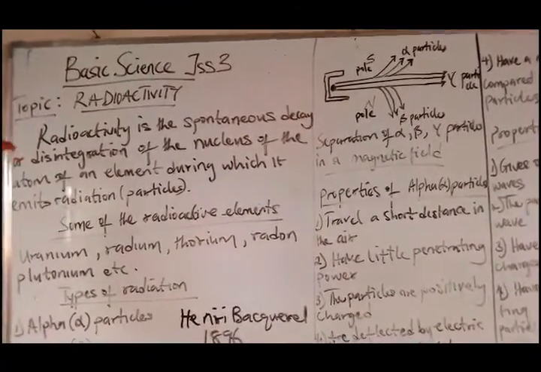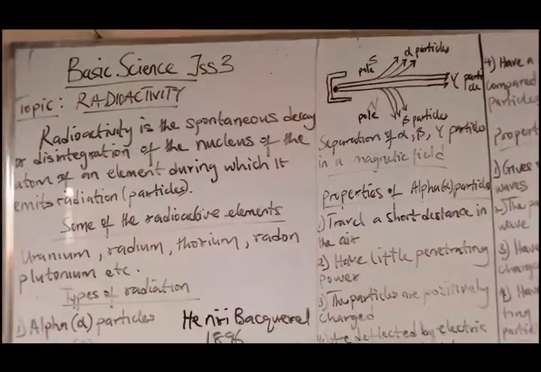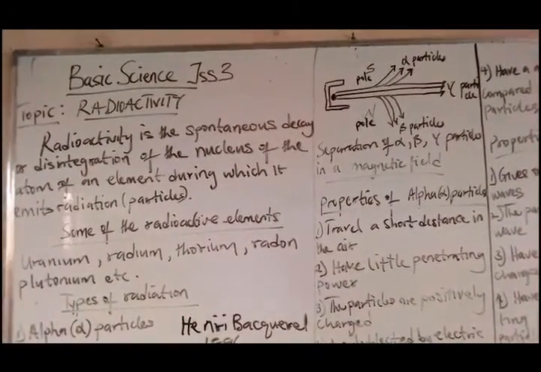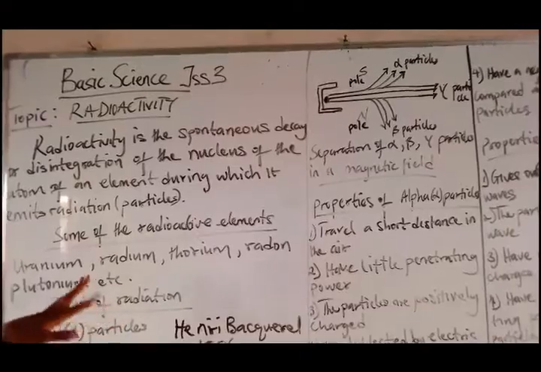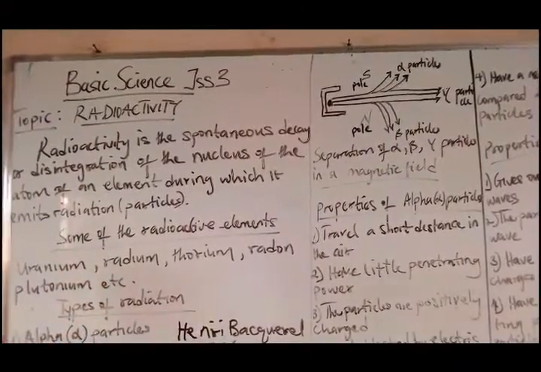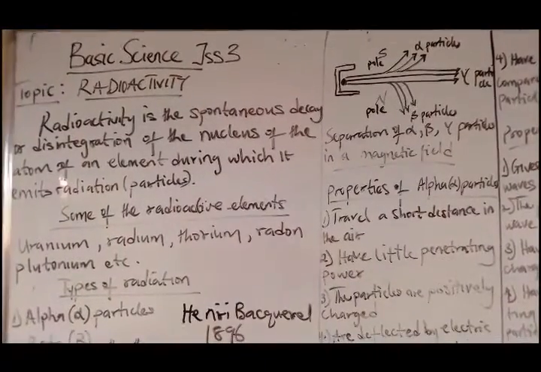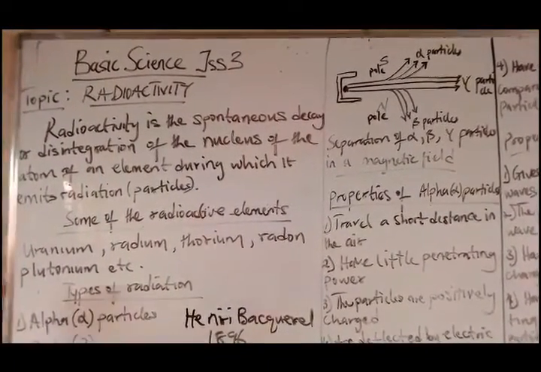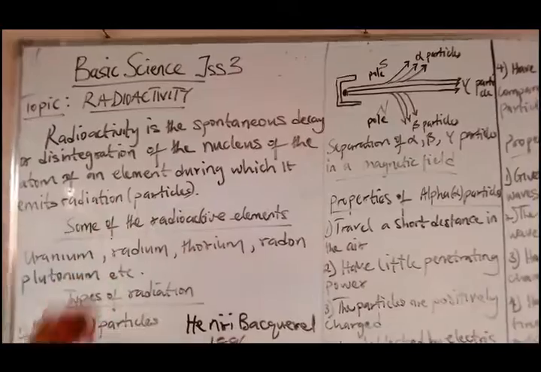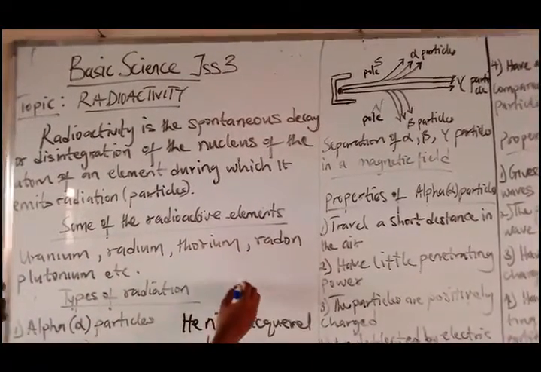So radioactivity simply means the spontaneous decay or disintegration of the nucleus of the atom of an element during which it emits radiation. You can also call radiation a particle or a ray.